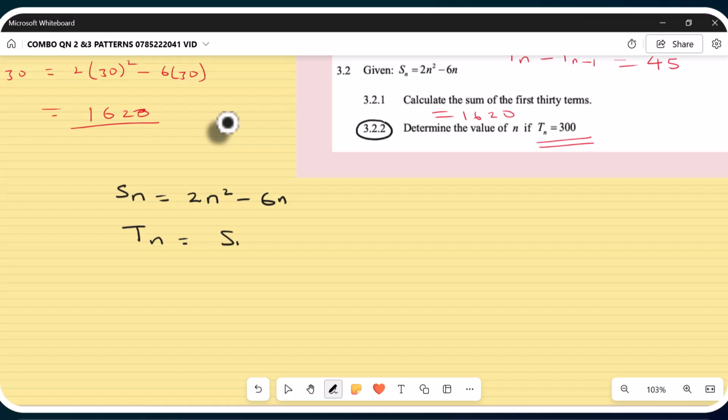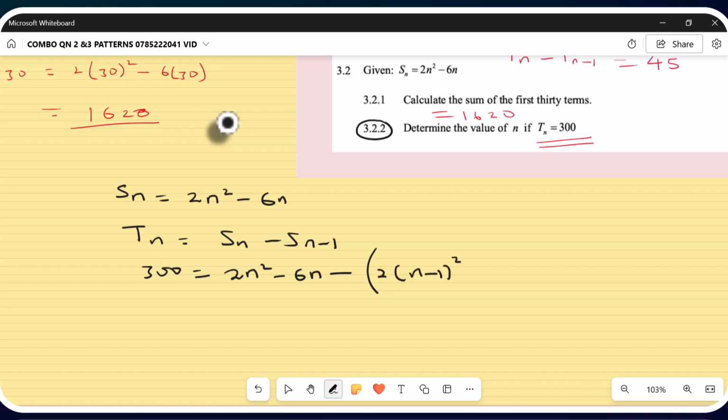So I'm going to get 2n squared minus 6n, then minus, there is a 2, don't forget. What do we get here? n squared minus 2n plus 1, then minus 6n and then plus 6, brackets again.